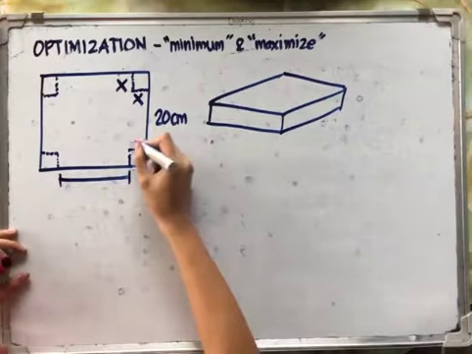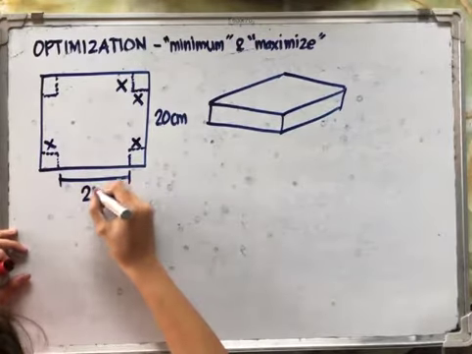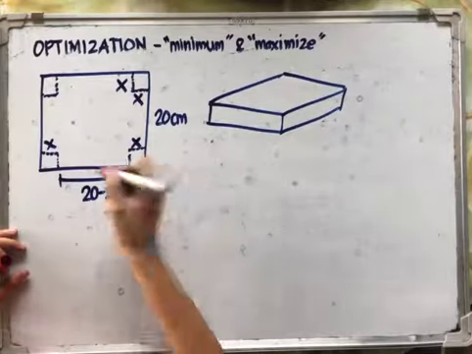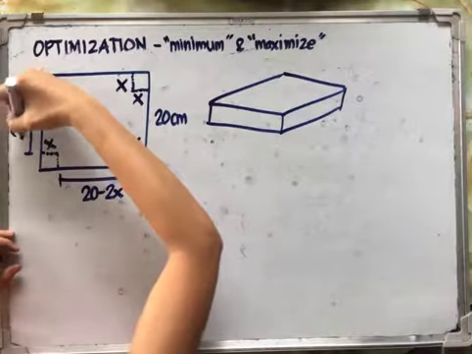Okay, so if this is X here and this is X here, this would be how much? 20 minus 2X. Right? And so is the side. This would be 20 minus 2X.